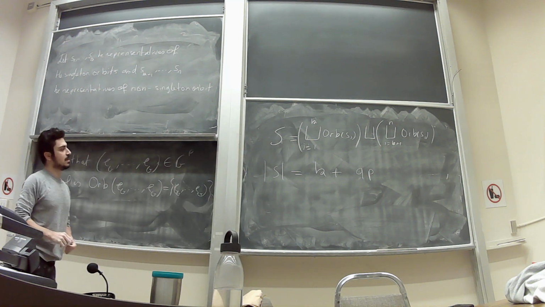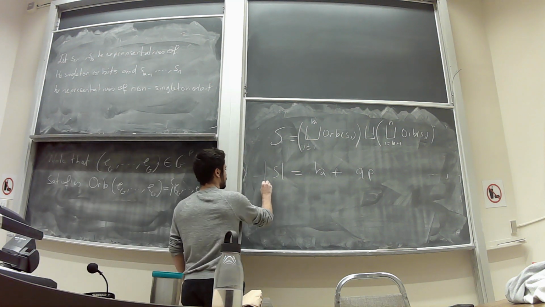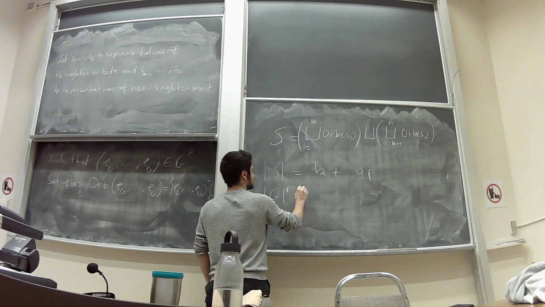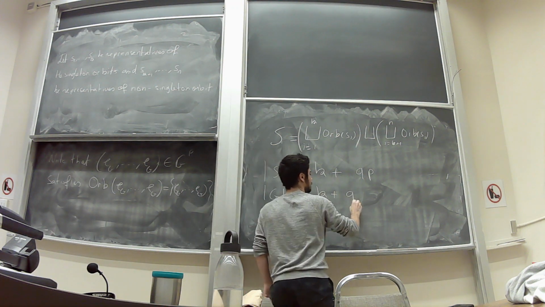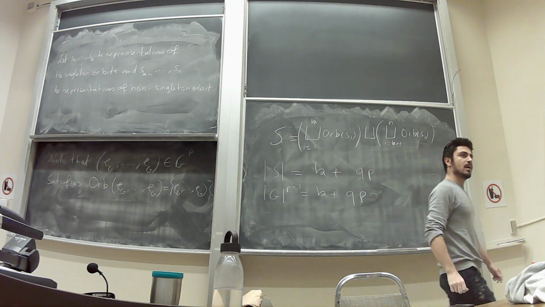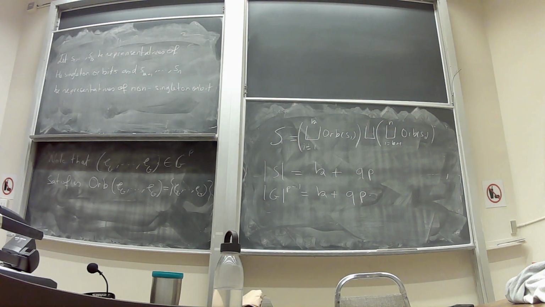Okay. Now what is S? The size of S, G to the p minus 1, is equal to k plus qp. Just q is n minus k, exactly.